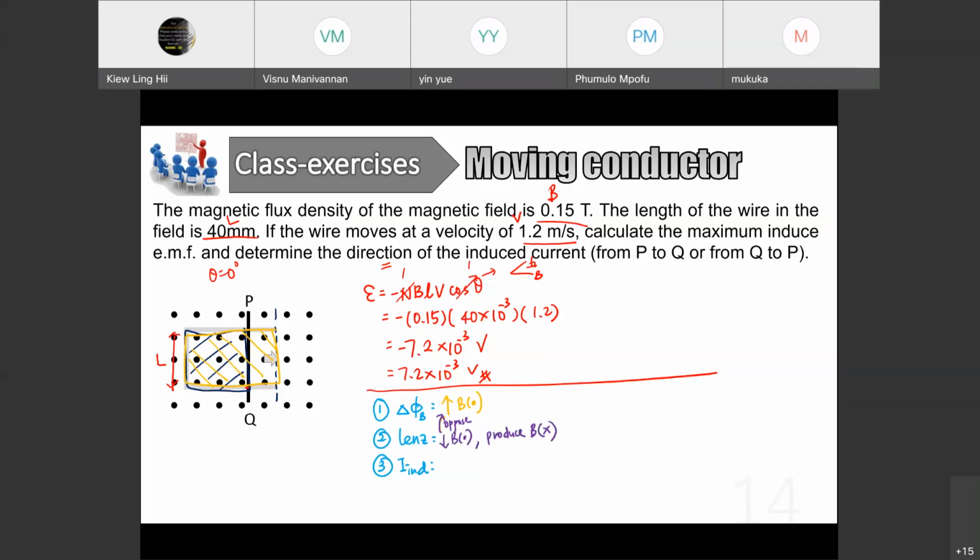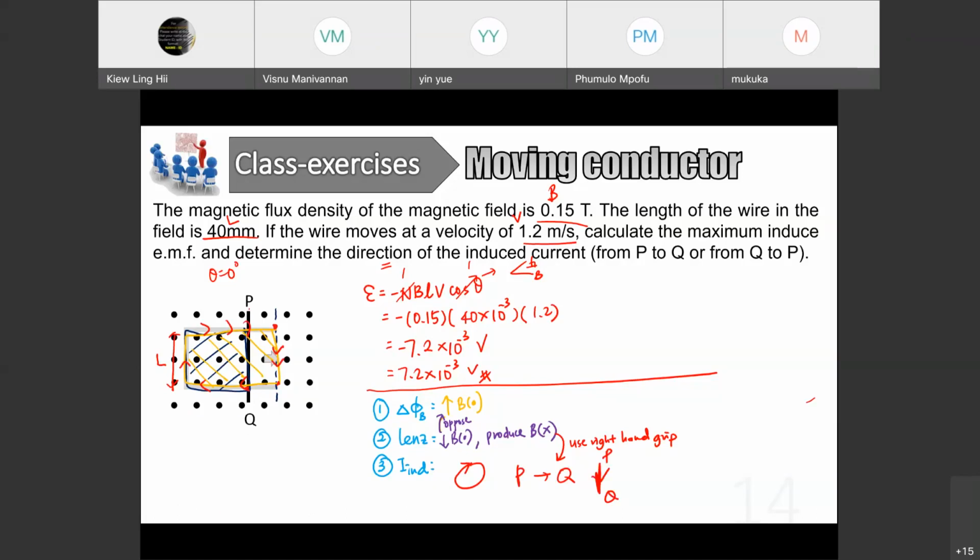Then finally, use the right hand grip rule. To produce cross product, I would have to produce a current moving in a clockwise direction. So when passing through this rod, it has to move from P to Q. P is this point, Q is here. So the direction of current is going down like this.